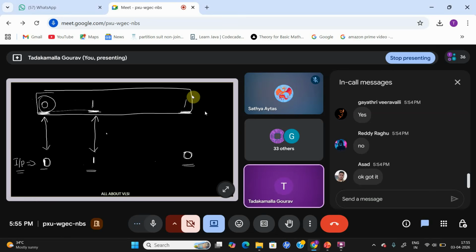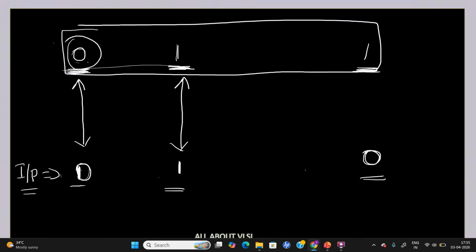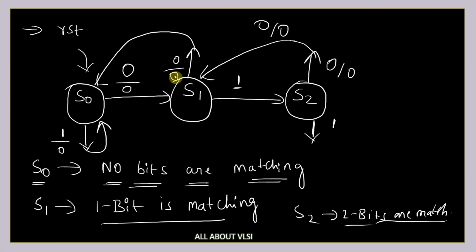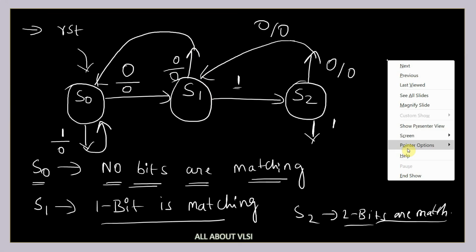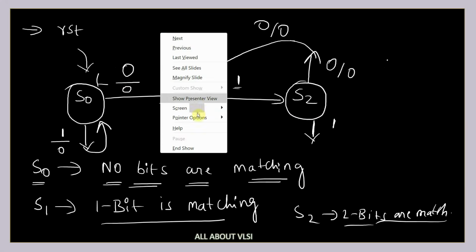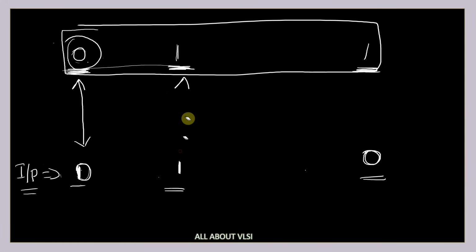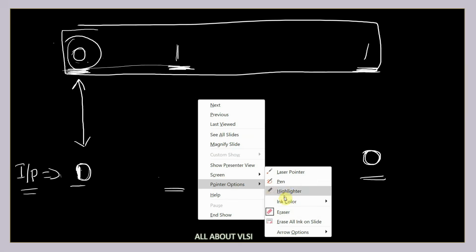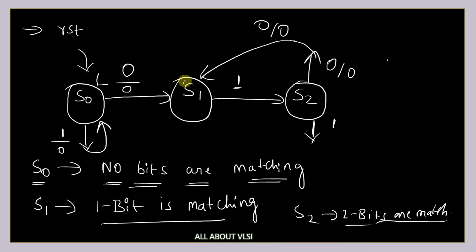Everyone, is it clear? Yes, I'm coming to that particular point only. Here also in the S1 state, let me erase this. Let's say if I have 0, okay.